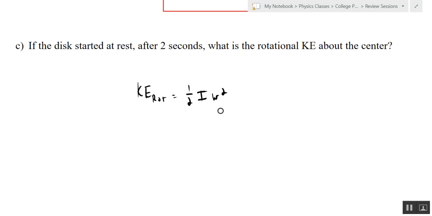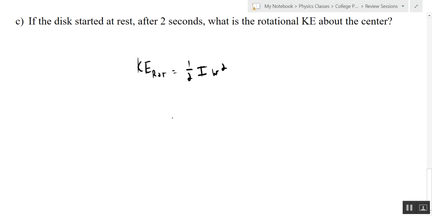So you need to find omega. So how do you find omega? Which is how fast it's spinning after 2 seconds. You have to use a constant angular acceleration equation, correct? So you need one with omega i, alpha and t in it, because you know omega i. What is omega i? 0.